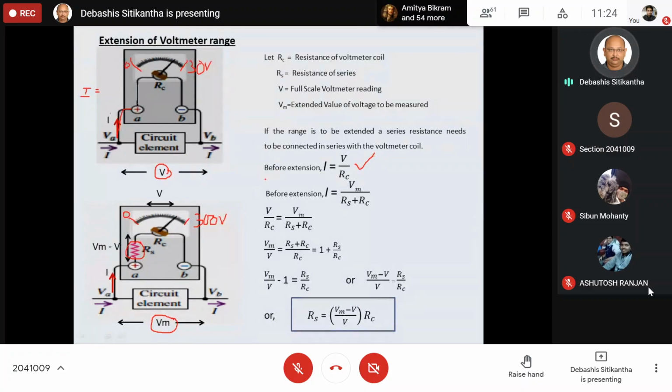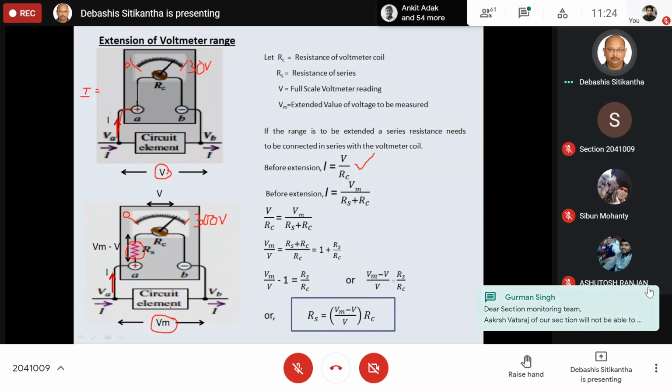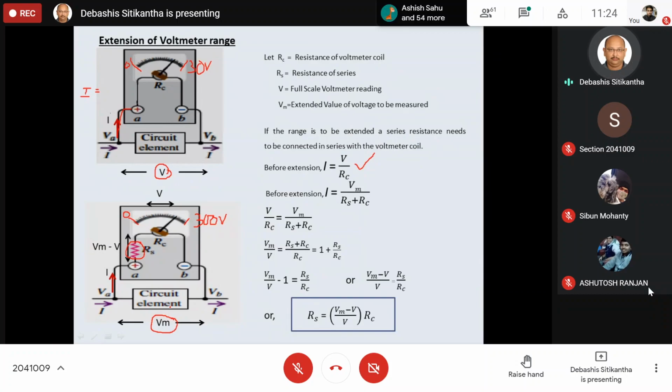Similarly, if I want to extend the range of the voltmeter, what happens? Now the total voltage that is available across this circuit element is Vm. But here there is also a change in the resistance of the voltmeter coil. So after extension, your current I through the modified voltmeter coil is Vm by Rs plus Rc.